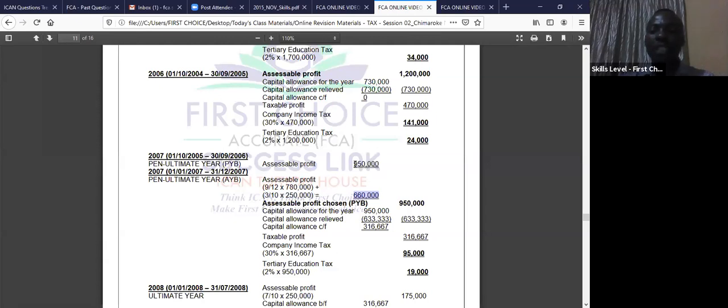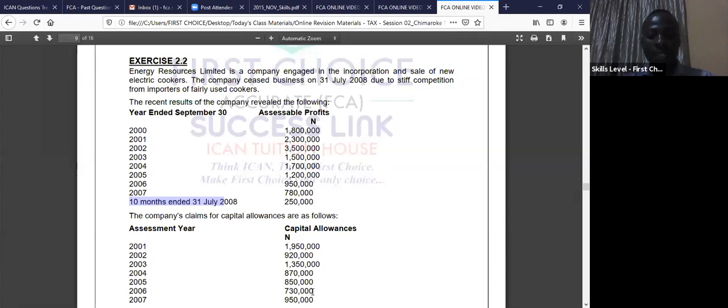And so we choose 950, which is higher. So you see here, assessable profit choosing is PYB 950. And so if PYB is choosing as your assessable profit, that will mean that this 950 is also your capital allowance for the year of assessment 27.